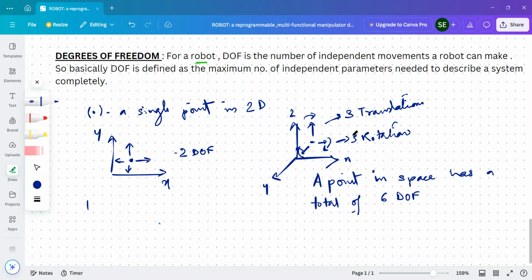You can see here 3 plus 3. Why 3 plus 3? I have explained it here. You may take a note of it. Just pause the video and take the note.